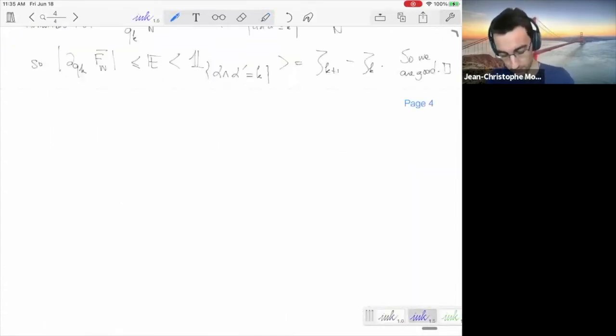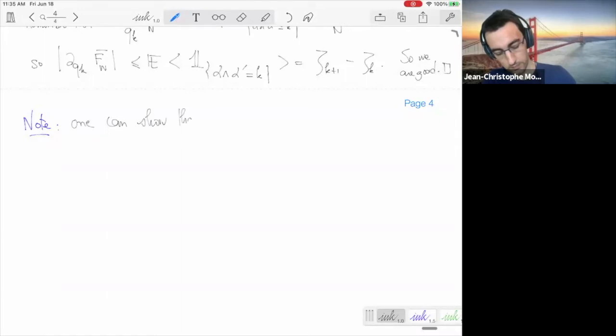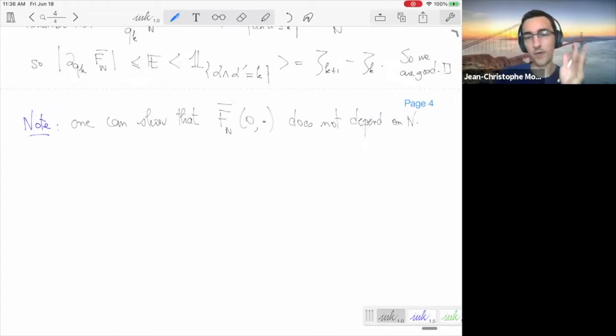We have, also note, one can show fn bar 0 dot does not depend on n. And in fact, the argument, I'm not going to give it entirely, and it's a bit more involved than those we have seen for the other cases.